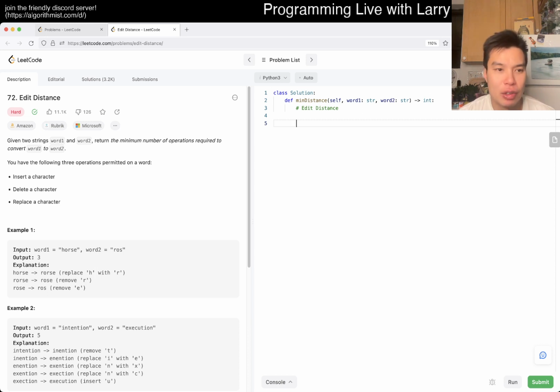I think the cool thing about this is that there is a sort of symmetry that you can think about to exploit, right?